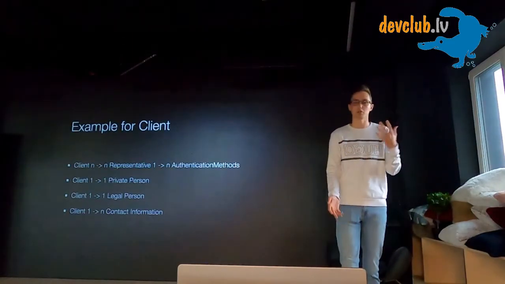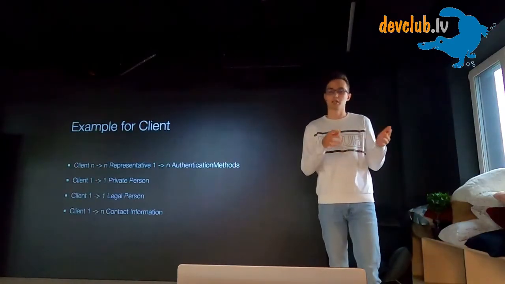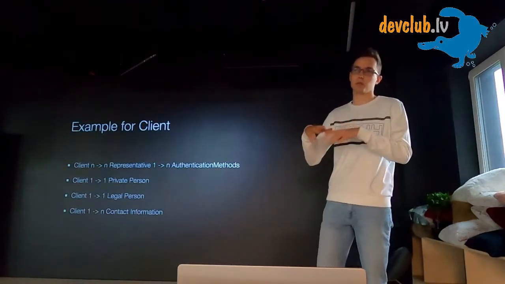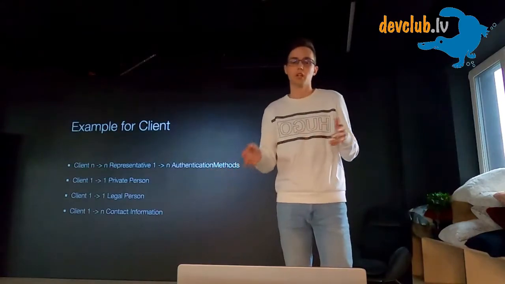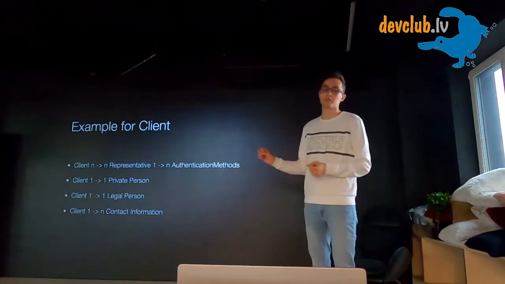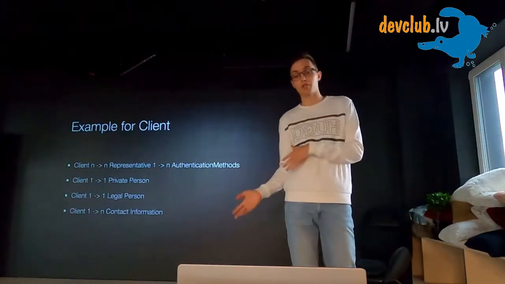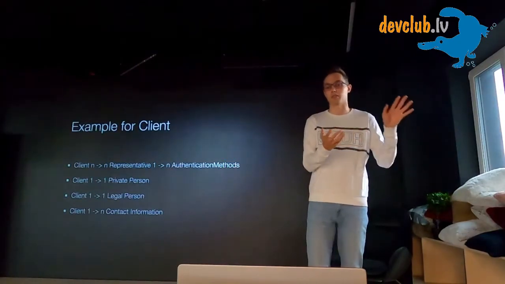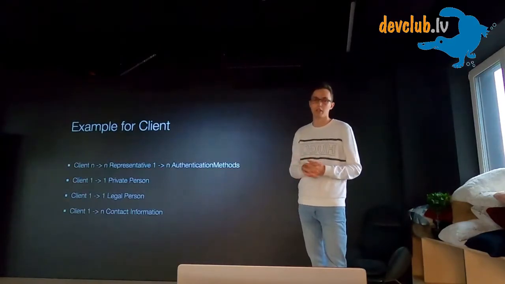A representative may have different authentication methods. A client may be a private person, and a private person will have one set of details. A client may be a legal person, who will have another set of details. A client may have contact information, which will be different sets of it.